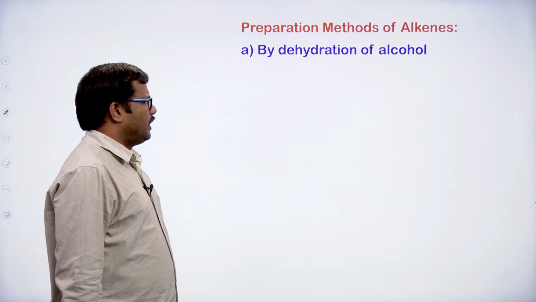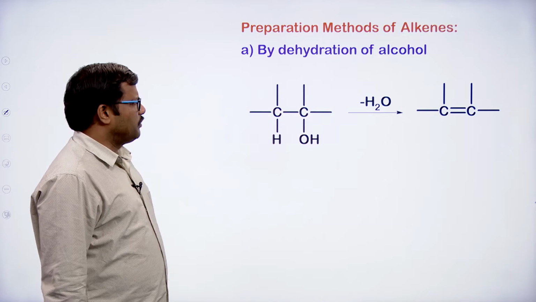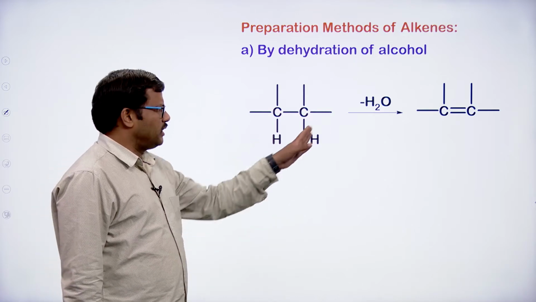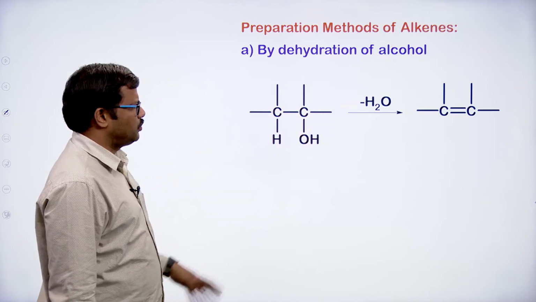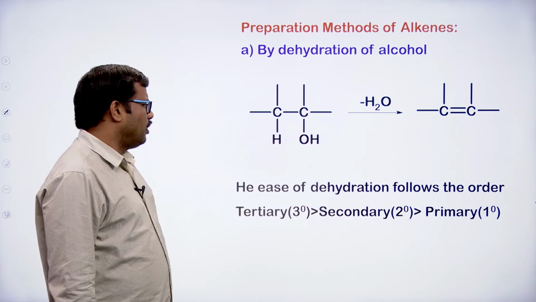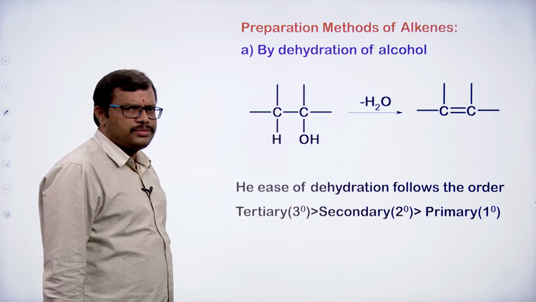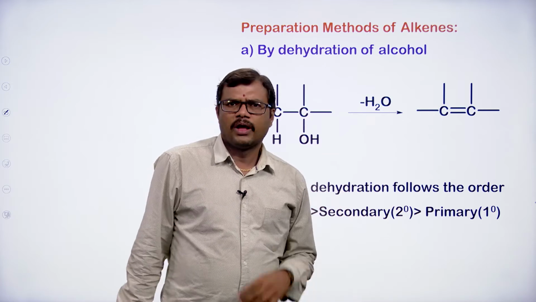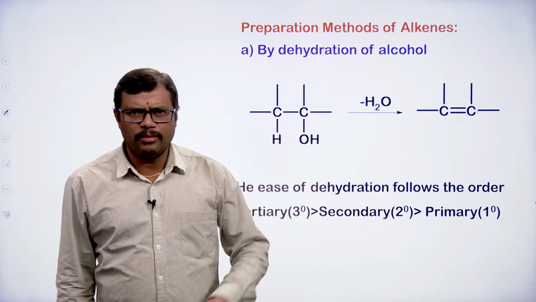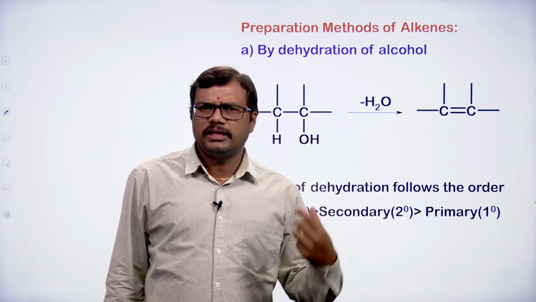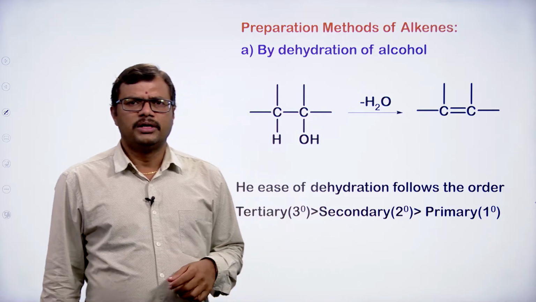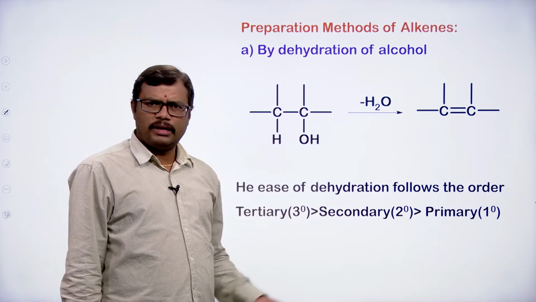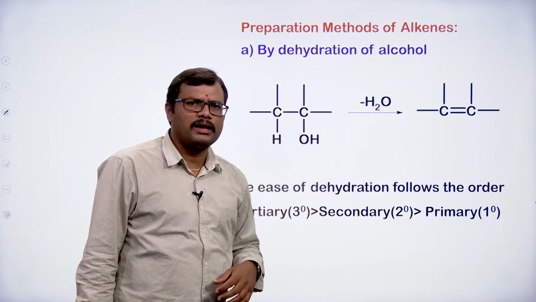Okay, right. Suppose here we have taken R-CH2-CH2-OH, the losing of the water molecule takes place and we get an alkene as a product. So here again, when you observe the alcohol undergoing dehydration, what kind of alcohols are we going to employ? How fast does the alcohol undergo dehydration? Which alcohol is more preferable in this process for the preparation of alkenes?